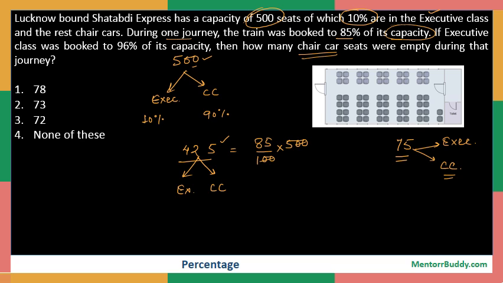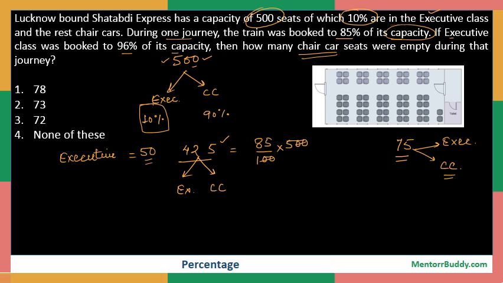Okay, so the last part of the question says if executive class was booked to 96% of the capacity, we already know that 10% of the seats in the train are executive class. So I can say executive class has 10% of 500, which is equal to 50 seats.